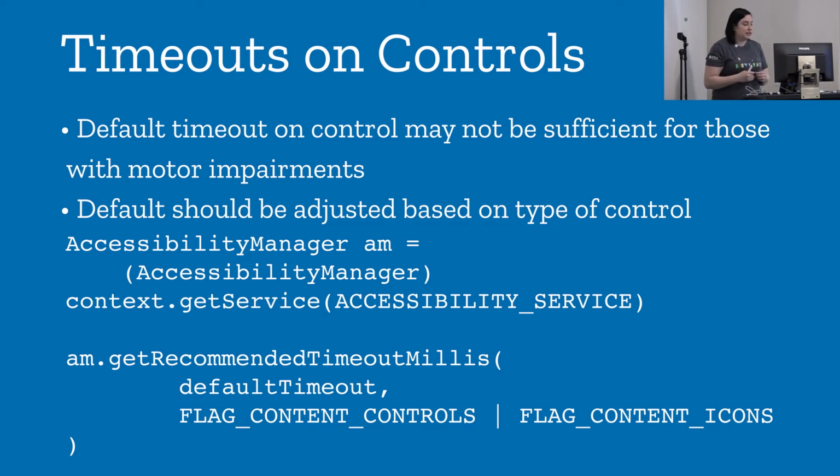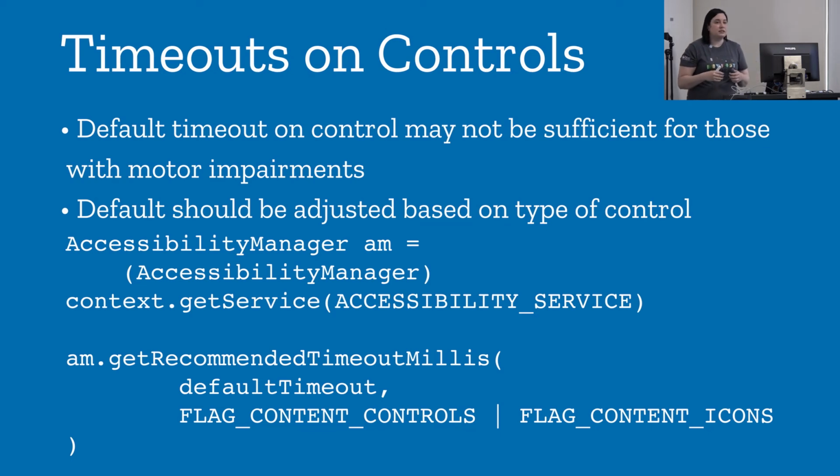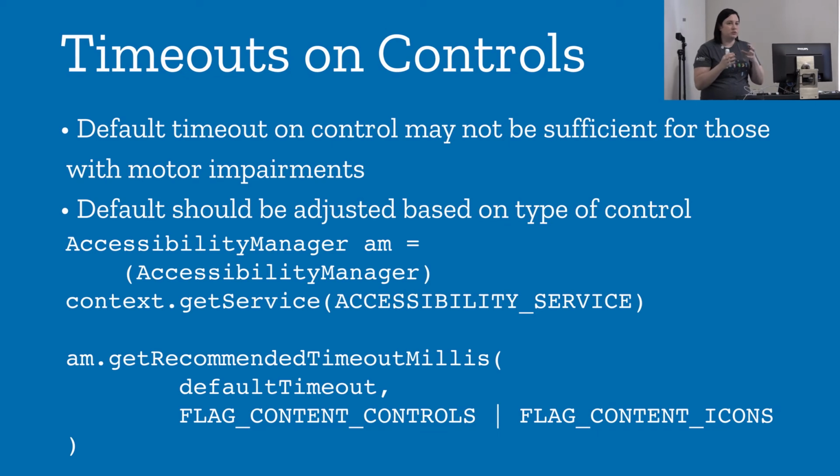Well, luckily there's some support for that on the Accessibility Manager, where you can use the get recommended timeout in milliseconds function that will give us a timeout and also takes in the type of control. So it's your kind of rough idea and also the type of control that you give that function, and it will give you a better default timeout.